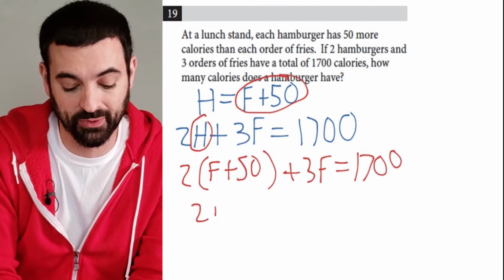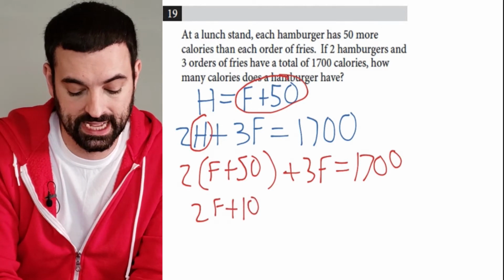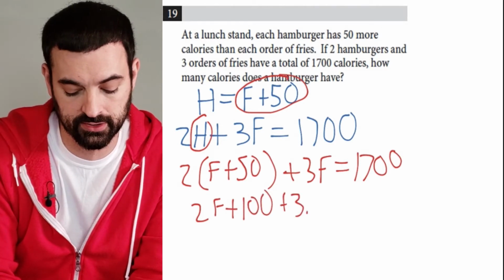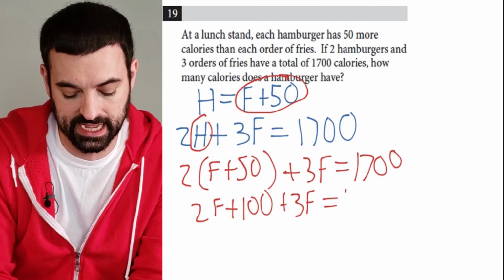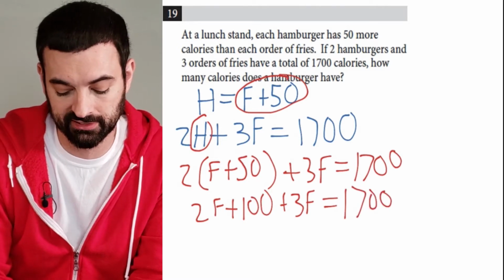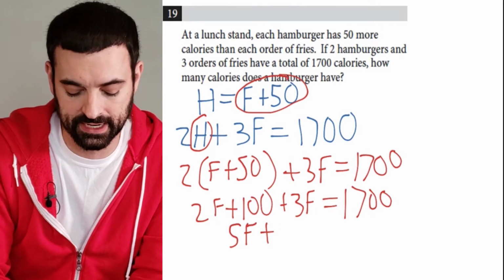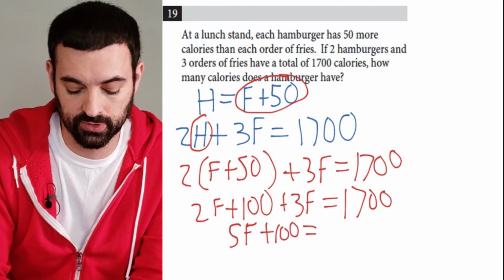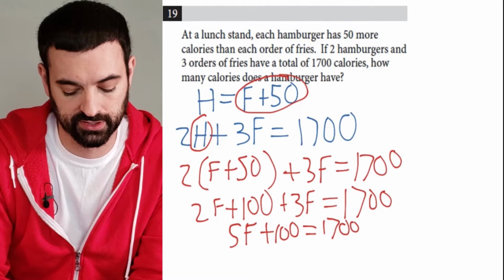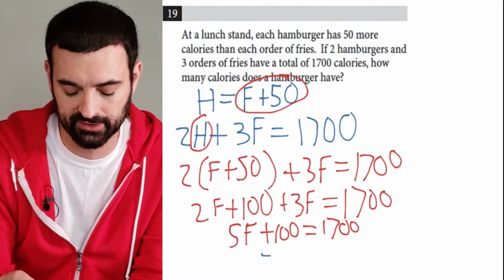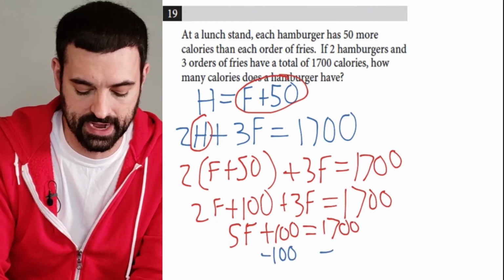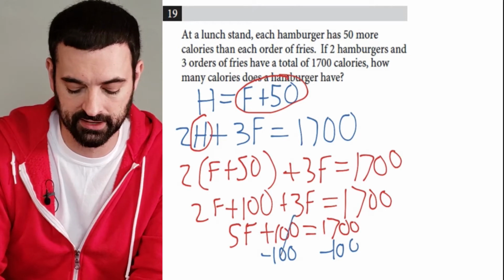I'm just doing algebra, folks. 2F plus 100 plus 3F equals 1,700. 5F, combining like terms, plus 100 equals 1,700. Let's switch colors while I do some algebra. Minus 100, minus 100.